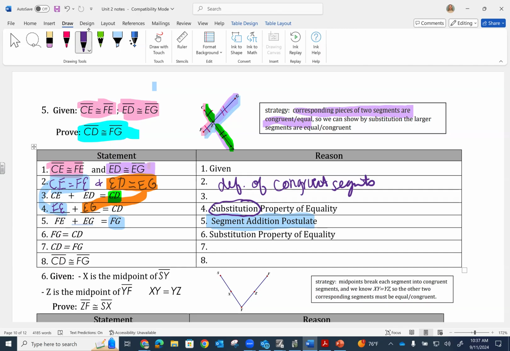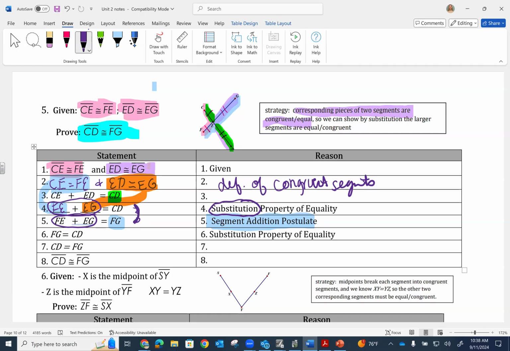And then notice with these two steps together, do you see that since the left sides are the same, we can do the transitive property. The order is a little weird, but we notice that CD equals these two guys here, and FG equals the same stuff. So what do we know about CD and FG?